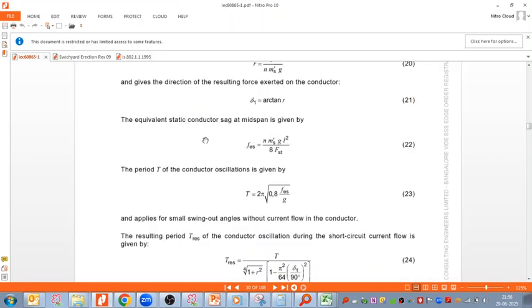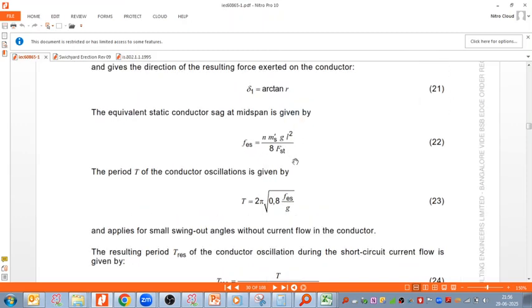The equivalent static conductor sag at midspan is given by FES, and then M dash G L squared over 8 FST static. So here also we have to obtain it: FES will give you the sag value. What I'm doing here is calculating the sag value.